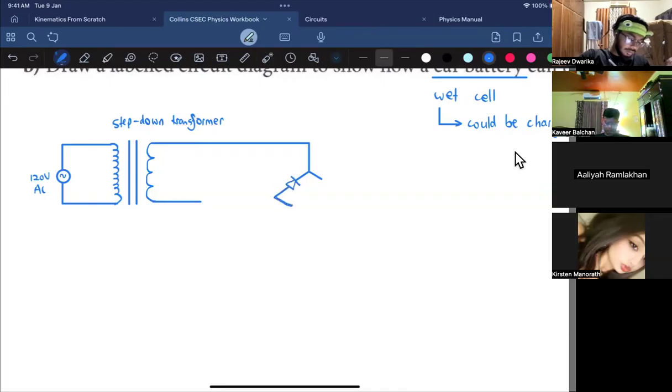A battery does work with AC current or DC current? DC current. So AC current wouldn't work, so we had to use a full bridge rectifier to convert the alternating current to direct current.